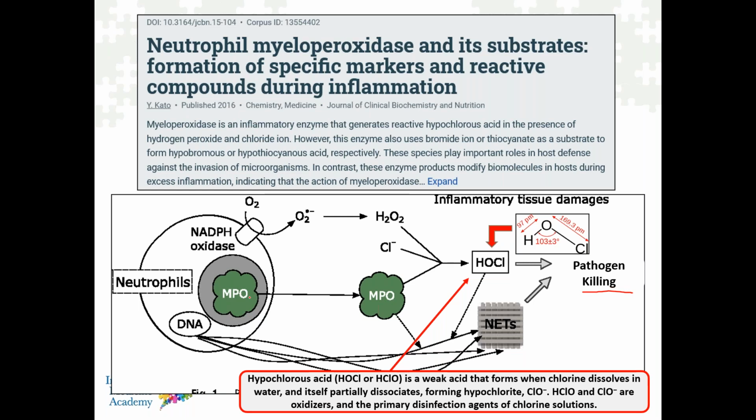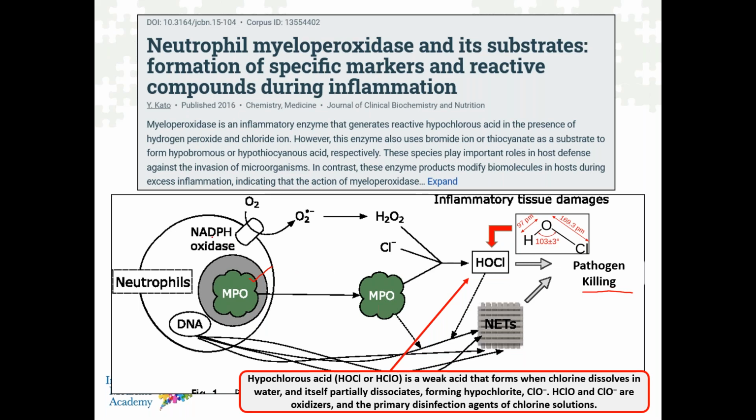Myeloperoxidase is an enzyme found in neutrophils. There are actually deficient states of myeloperoxidase, so people basically have an ineffective neutrophil system, which is one of the major components of our innate immune system.